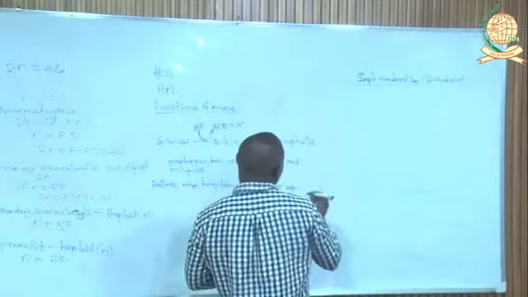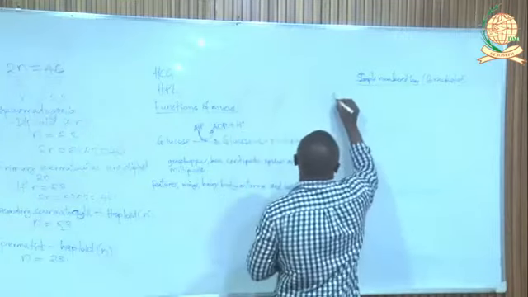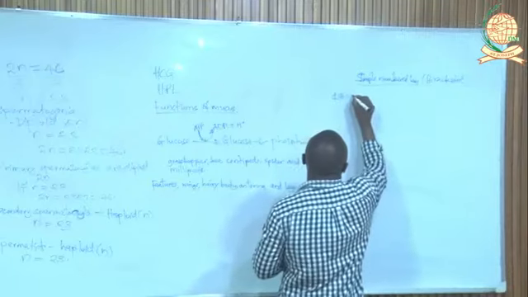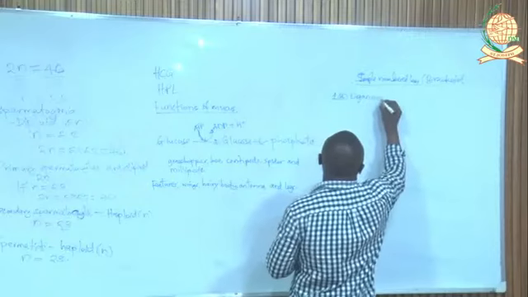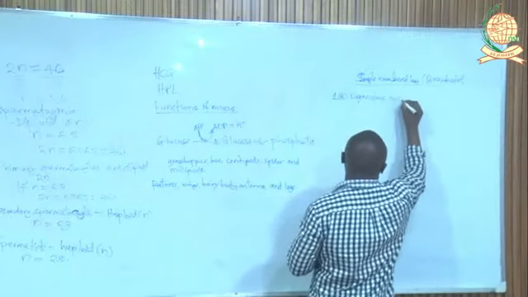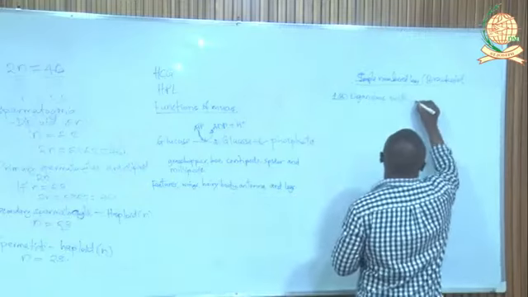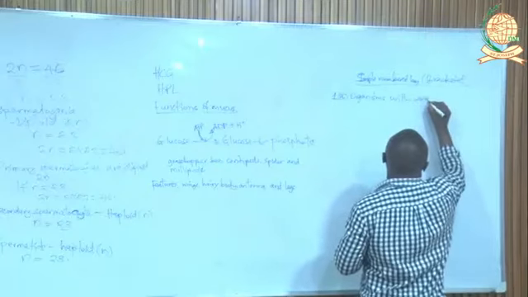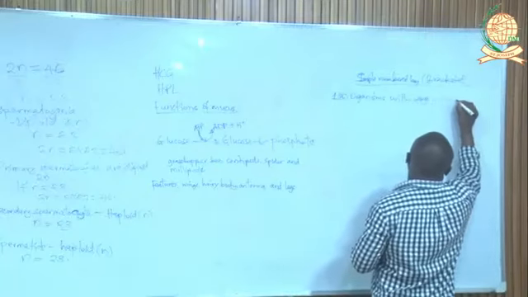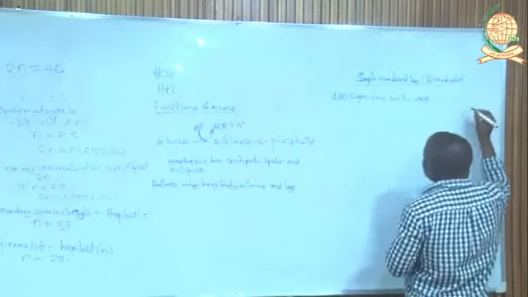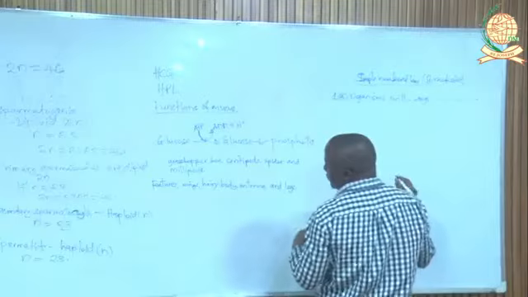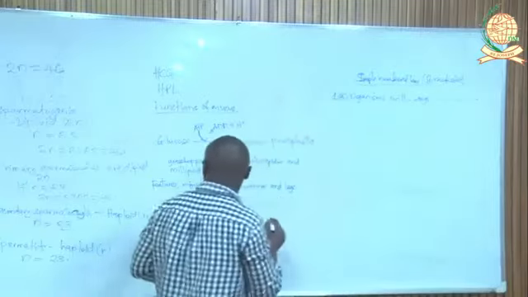Let's start with the wings. For example, say 1A, organisms with wings, dotted line. How many organisms with wings do we have from here?